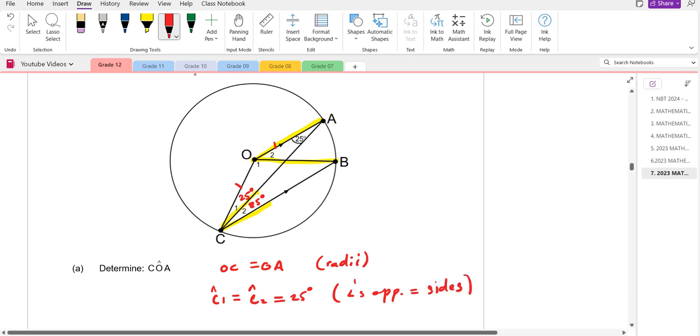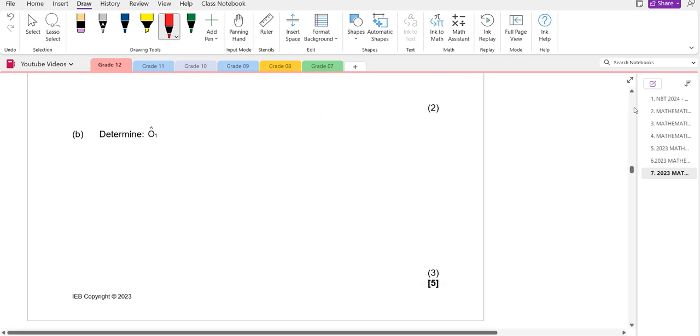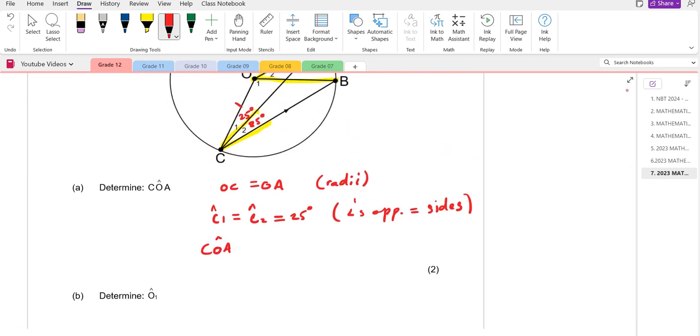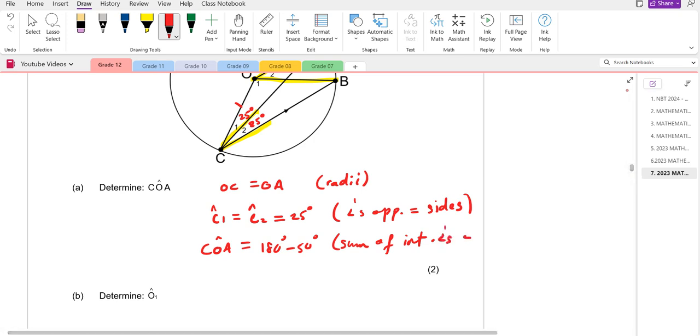Then angle COA is 180 minus 50, sum of interior angles of triangle COA, so that's equal to 130 degrees. I hope you guys understood that.